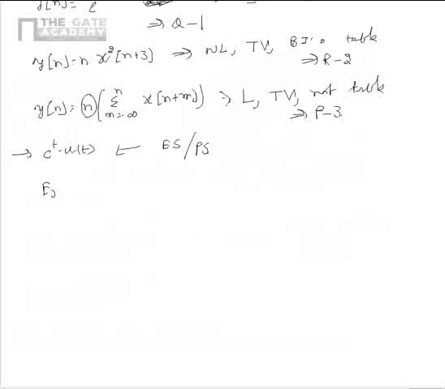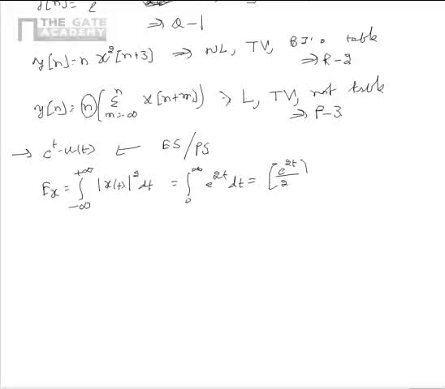So first we find the energy of the signal as Ex = ∫ from -∞ to +∞ of |x(t)|² dt, that is equal to ∫ from 0 to ∞ of e^(2t) dt, that is equal to [e^(2t)/2] from 0 to ∞. From this we see that this integral value tends to infinity, so we can say that the given signal is not an energy signal.